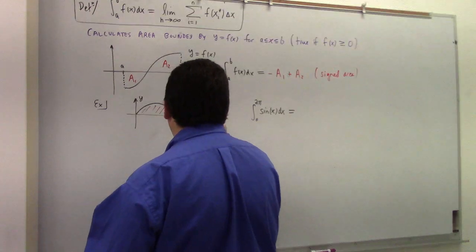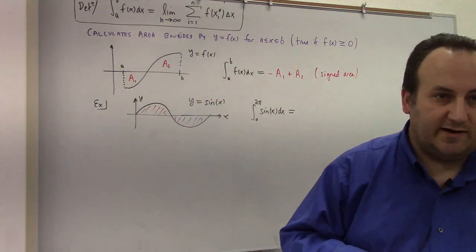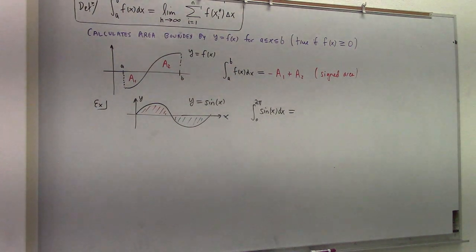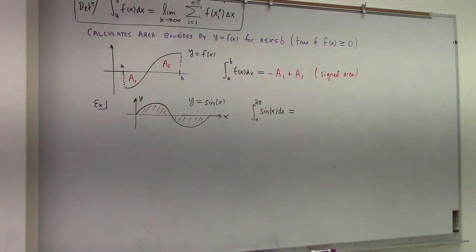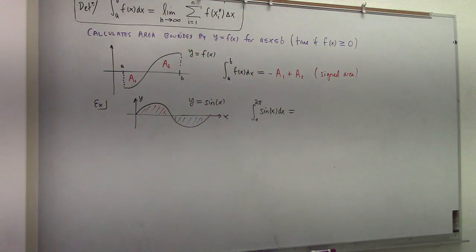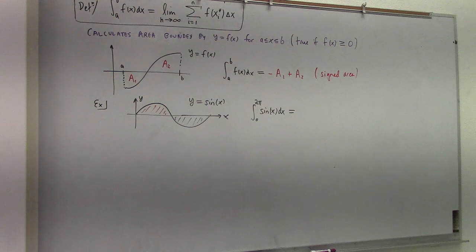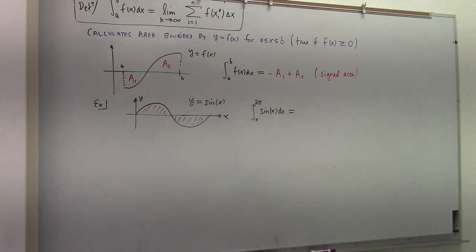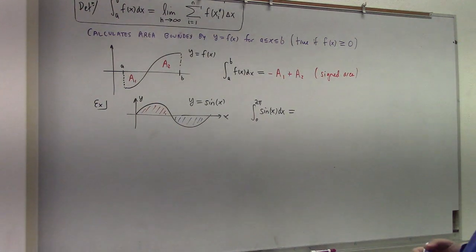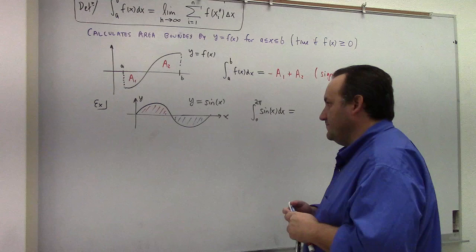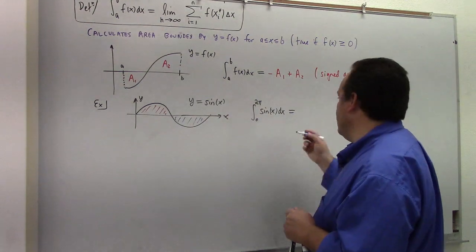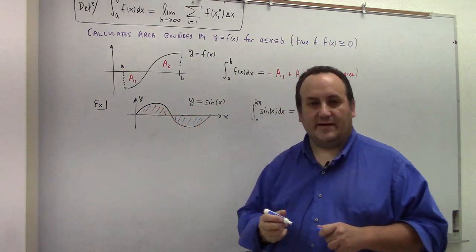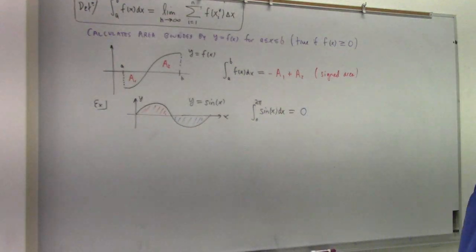If I drew my graph right, they should be exactly the same shape, right? The one is just the other turned upside down, shifted over. Those two things have the same area, but one of them counts as negative. So what's this integral? Well, I'll tell you, it's 0, because the positive area and the negative area cancel out if we go from 0 to 2 pi.